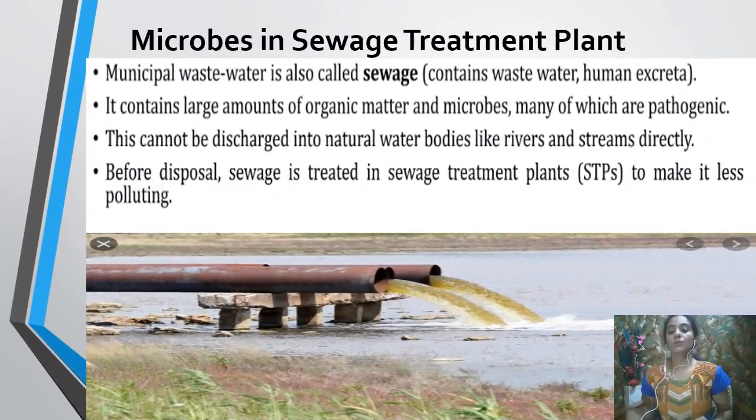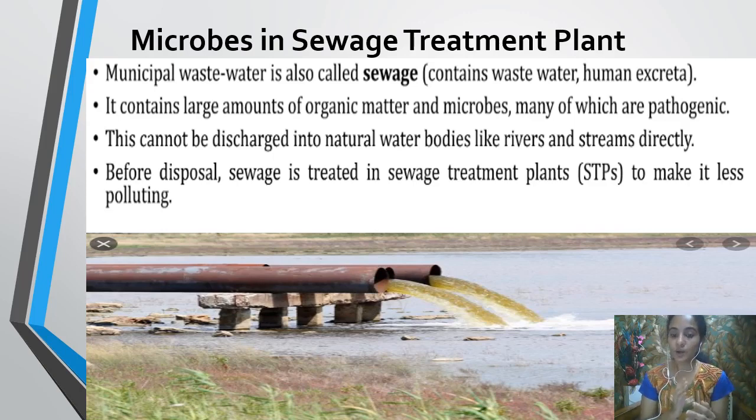The municipal waste that is normally generated is called sewage, and it contains all kinds of wastes, especially human excreta. It contains lots of microorganisms, many of which are pathogenic, and also a large amount of organic matter.